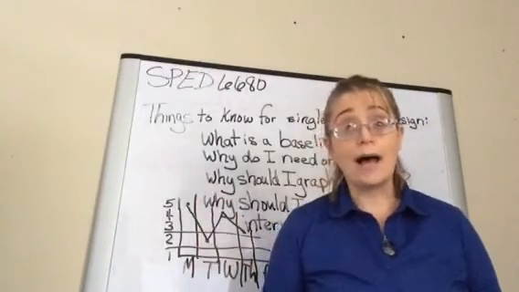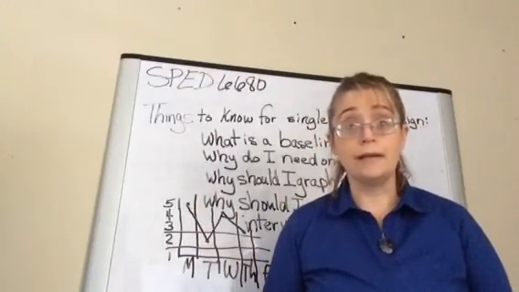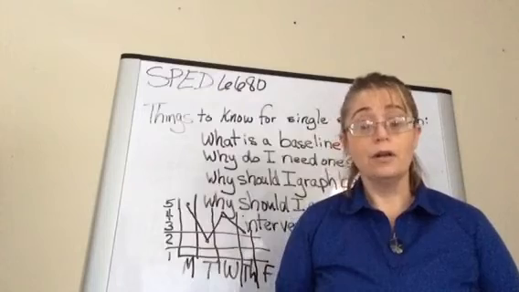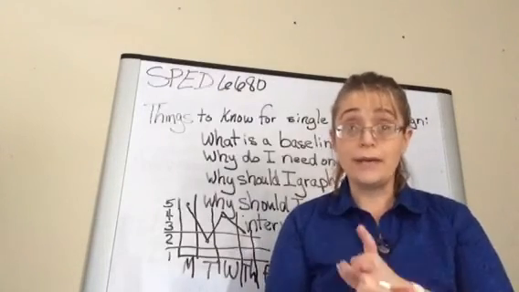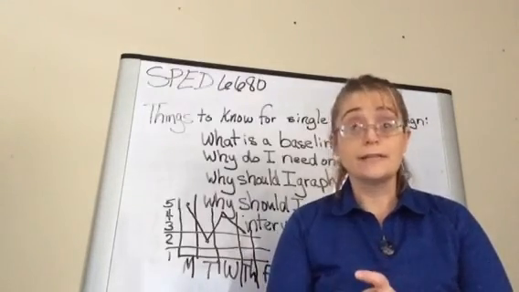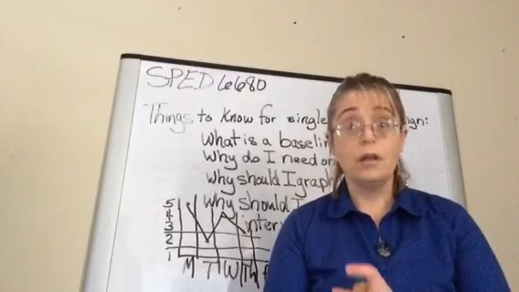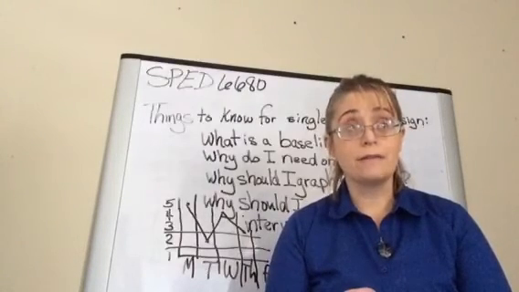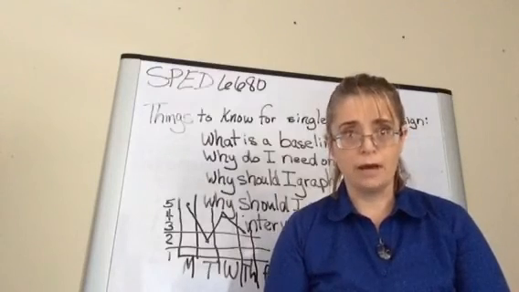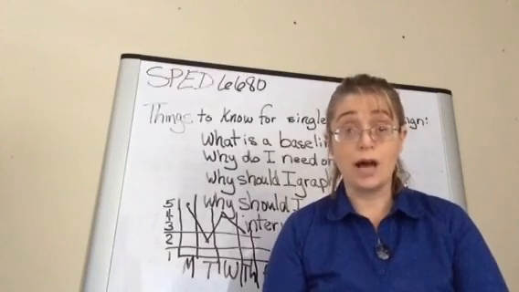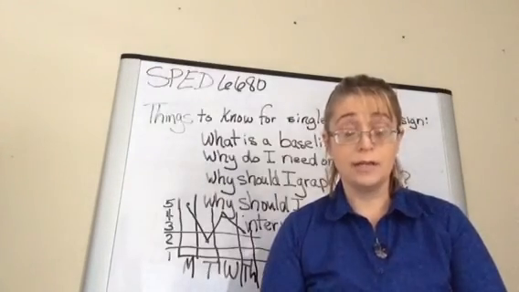But that's why graphing is so important. Because A, it's all about the kids, but B, it means that in the long run, you're not going to be looking at stuff going, oh goodness, what do we do now? It's going to save you time and heartache down the road.